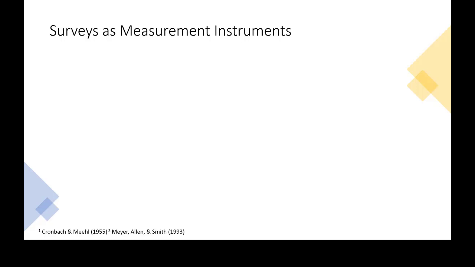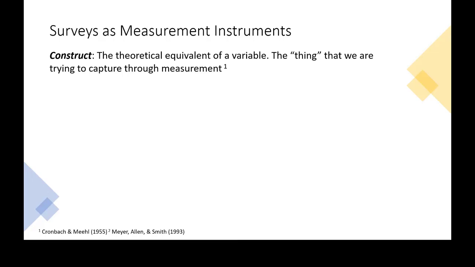So let's first off talk about surveys as measurement instruments. If you were to give someone a survey, or whenever you measure anything really, oftentimes as a researcher, you're working in terms of what are called constructs. A construct is basically the theoretical equivalent of a variable.